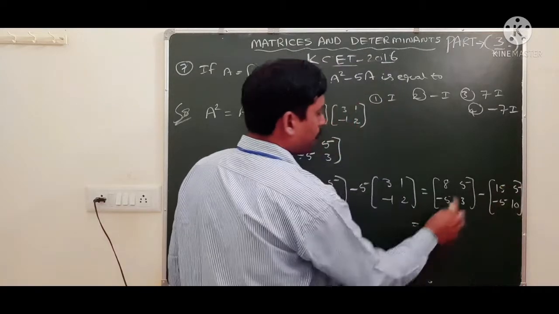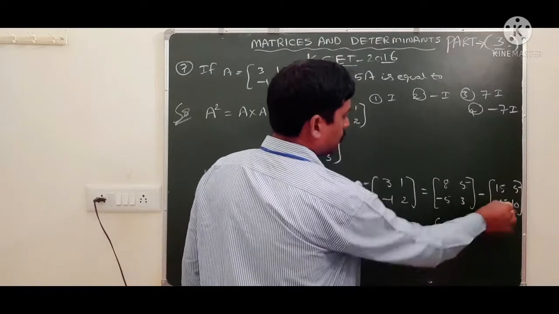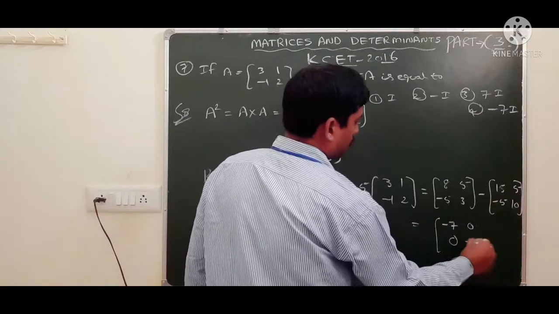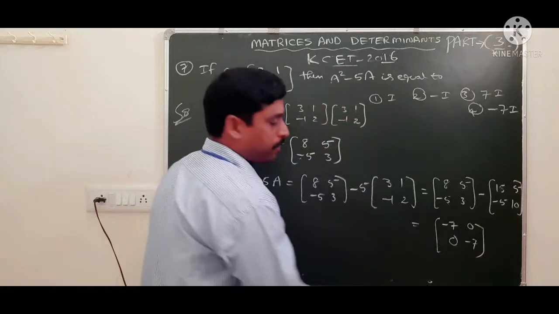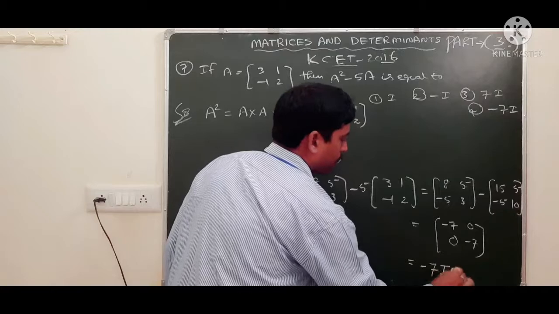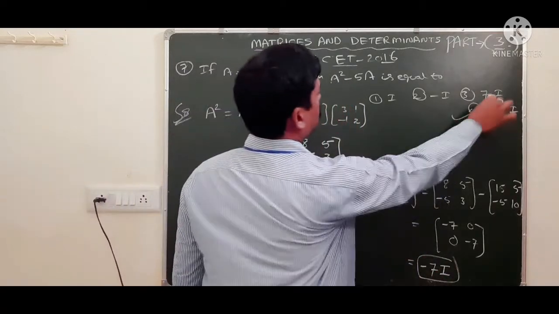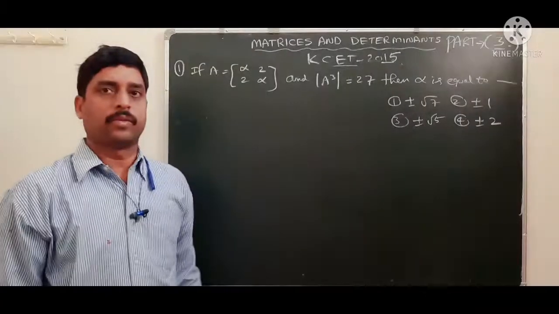So this will be 8 minus 15, minus 7, 0, 0, minus 7. In this, take minus 7 common: 1, 0, 0, 1. This will be I. So minus 7 into I is the correct answer. So option 4 is correct. Let us go to the next problem.